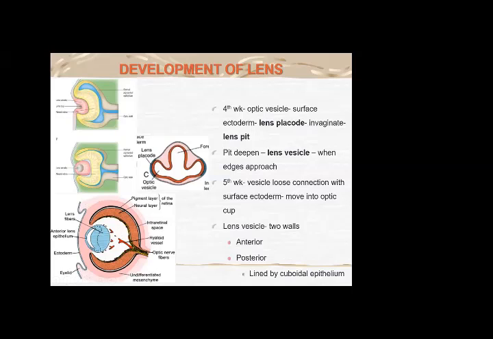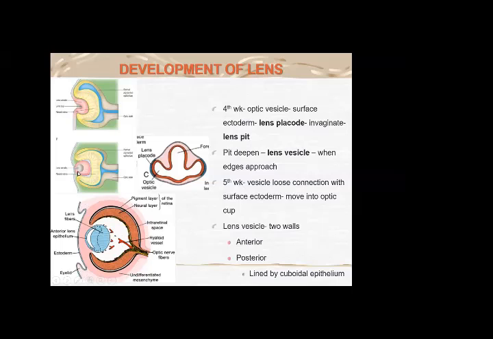Okay? So fifth week में ये जो lens vesicle है, अभी तक this is the surface ectoderm and this is the thickened part of the surface ectoderm, which is the lens placode, and then lens pit and lens vesicle, all developing from the surface ectoderm. But when it becomes a complete circle, the lens vesicle, then gradually, by the fifth week, it loses its connection with the surface ectoderm.